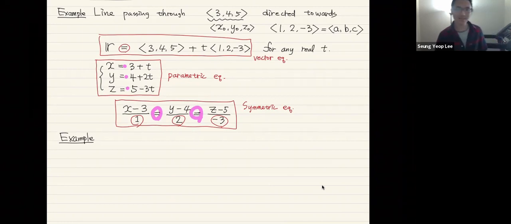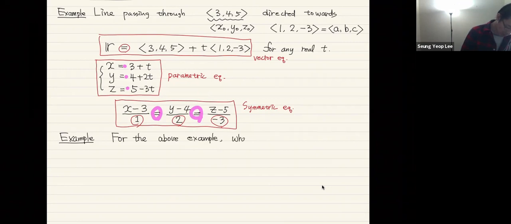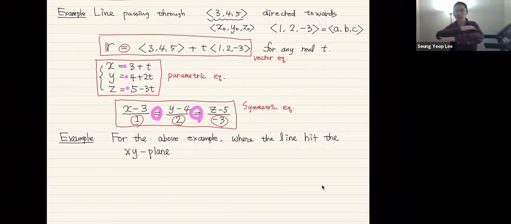But you can still ask, where does it hit the whole xy plane? So for the above example, where does the line hit the xy plane? Usually the xy plane is the horizontal plane that contains the x-axis and y-axis, right?